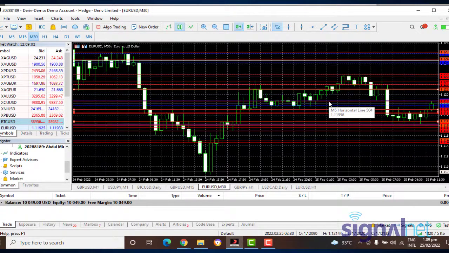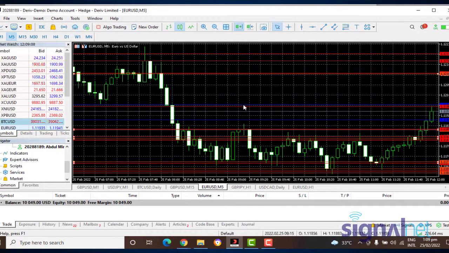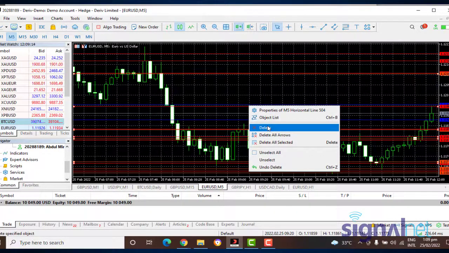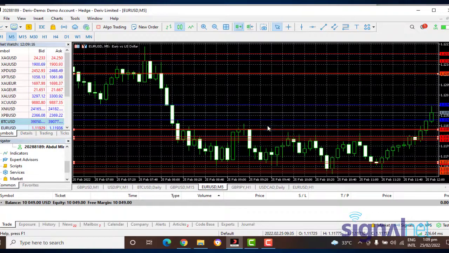Same thing with the hourly level. So the red line wasn't even supposed to be there. But the blue lines, since they're from a higher time frame of 30 minutes, even when they have been passed before, they still have power. So that's for that.